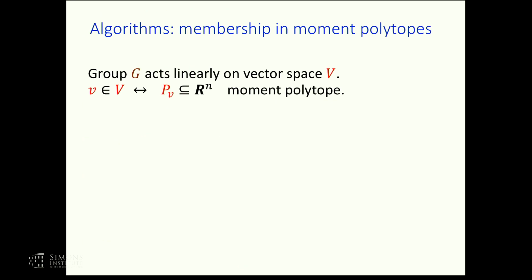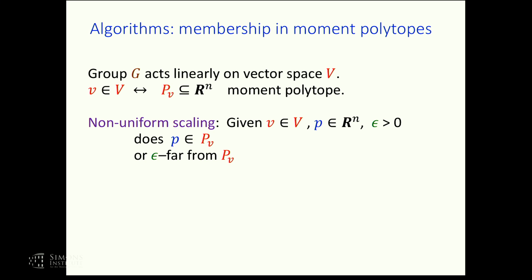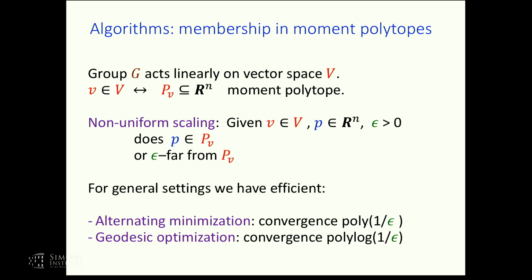Okay, and the last slide is just saying that we have algorithms. The question we want to test: I give you a group action, so it defines a moment polytope, and I guess I should have called it delta, but anyway, the moment polytope. I give you a vector, a point, and some tolerance parameter. You want to know whether this point is in the convex polytope or is epsilon outside it, the usual question.